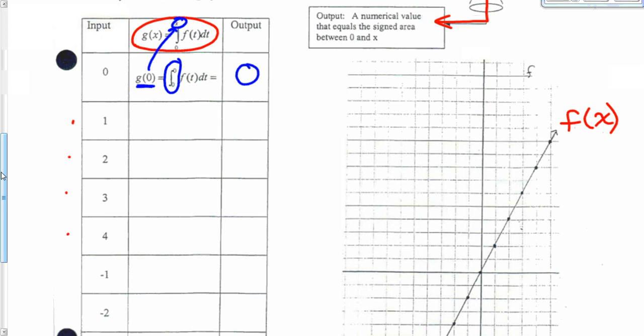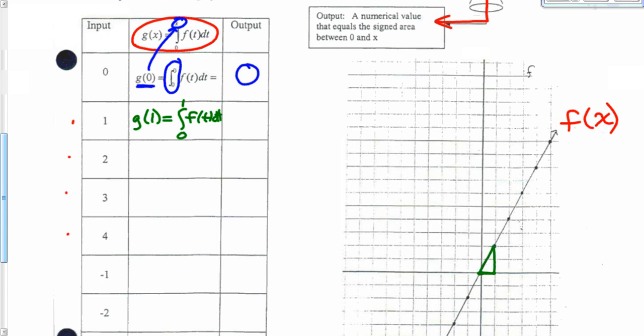So let's look at when x is 1. g of 1 is going to be the definite integral from 0 to 1, I replace my x with a 1, of f of t dt. Now, I know how to do that. I'm going to look at my graph, go from x is 0 to x is 1, and find the area of this little triangular shape.